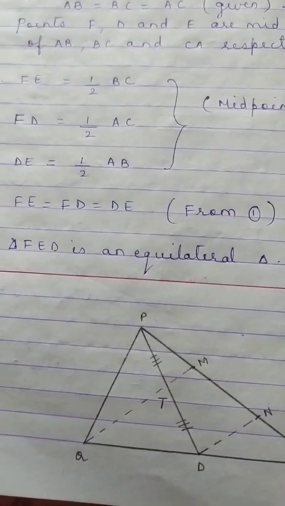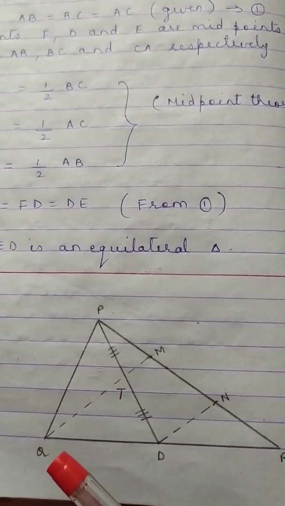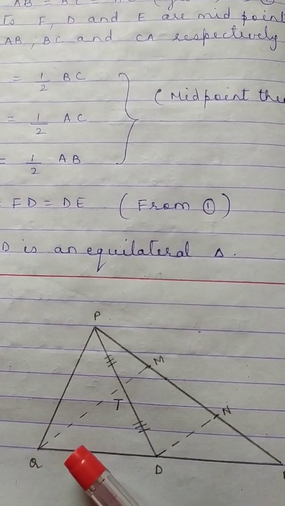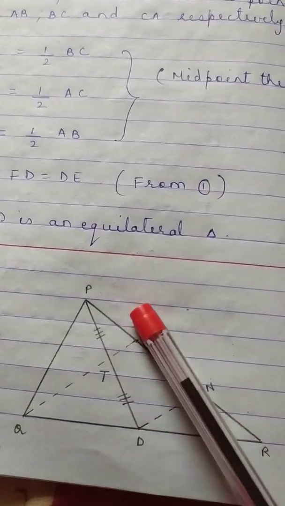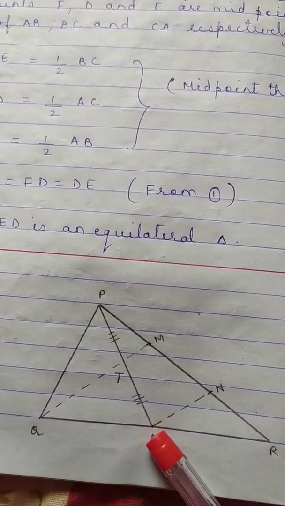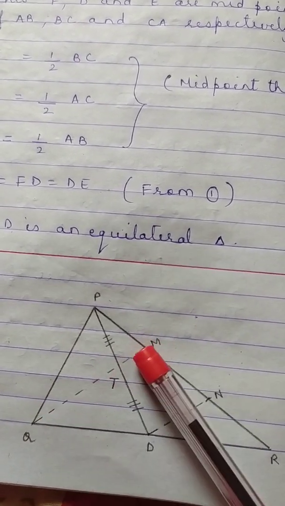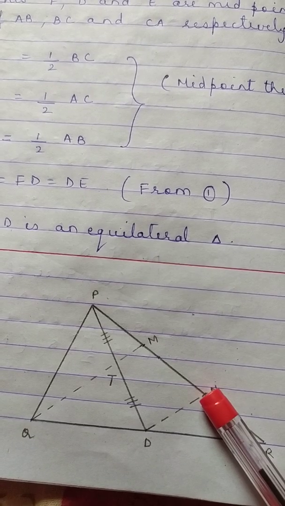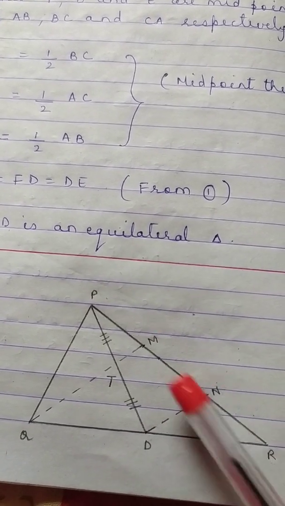Now same method, you are going to consider this particular triangle MQR. In this particular triangle MQR, again D is the midpoint of the side QR, DN is parallel to QM. Therefore, what do I infer from here? That DN will bisect the third side.